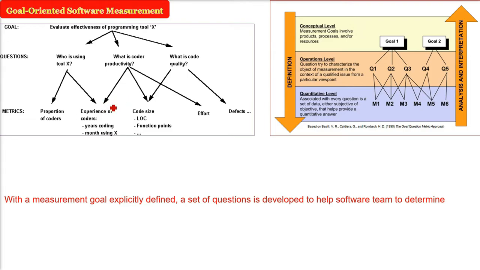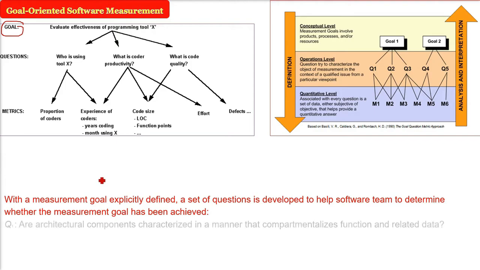With a measurement goal, when we explicitly or specifically define the goal, as we showed you certain questions in the example also, this helps the software team to determine certain facts, whether the measurement goal has been achieved. Because the goal is defining the question, the question is defining the metrics.